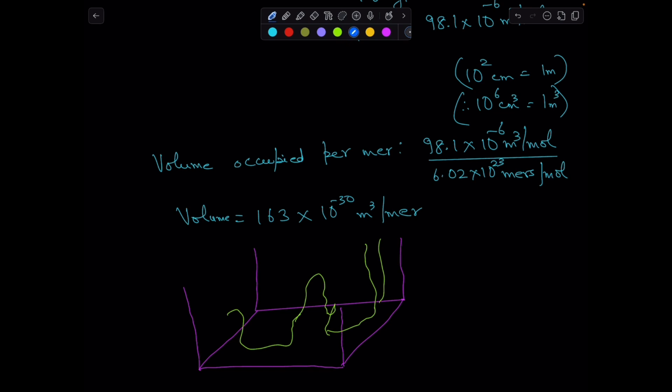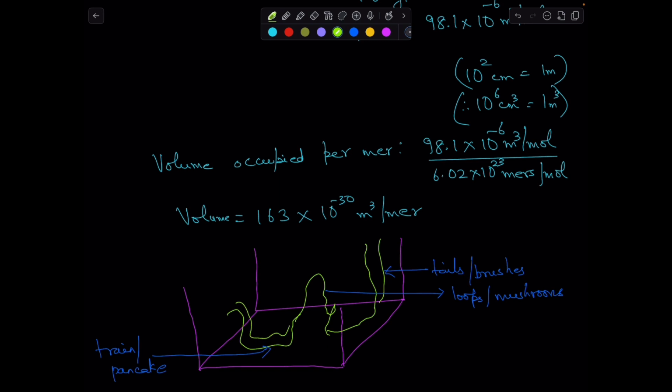So these are the tails or brushes, and these are the loops or the mushroom, and this is the tail or the train or the pancake. So there is so much of all that on the surface.